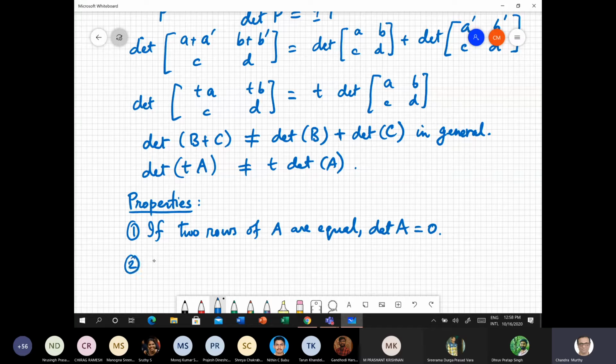So why is this true? It's because if two rows are equal, let me exchange those two rows. The matrix remains the same, but the determinant is supposed to have changed the sign. But the only number which, when you change its sign, remains the same number is 0. So that's why the determinant is 0.